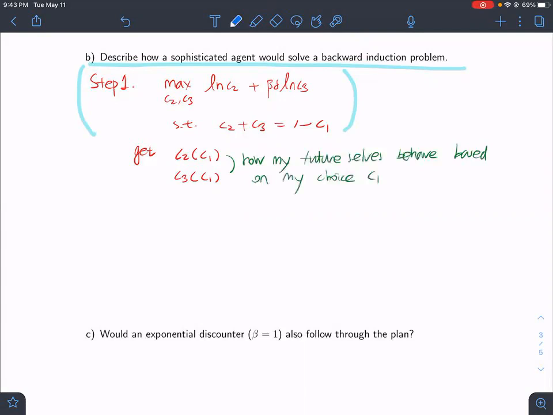Then, as step 2, we maximize using C1: beta delta log of C2 as a function of C1 plus delta squared log of C3. Now this notation can be confusing, so let me move this to here.